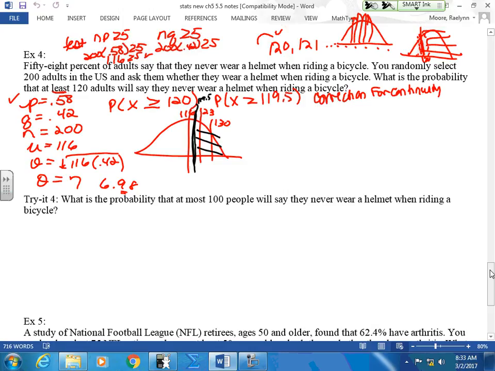Should my area be less than 50 or greater than 50? Less than 50. So now I use my z-score formula. I've got 119.5. Don't forget to use that one. Over 7. What does your z-score come out to be? 0.5. 0.50. Just make it 2 decimal places so it's easier to look up.